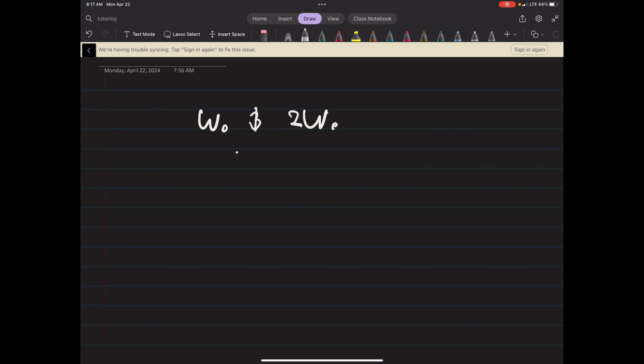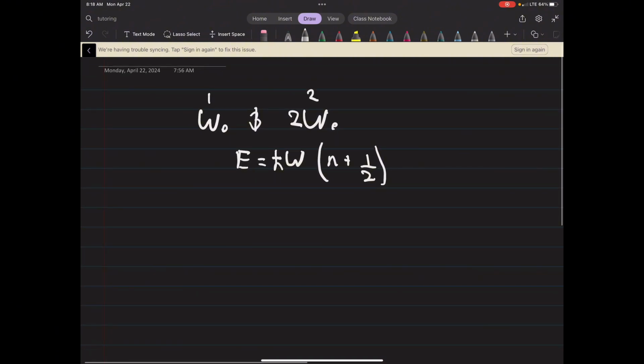So the way that we're going to do this first is just remember that for a harmonic oscillator, the energy level is h bar omega (n plus 1/2). Now, we'll just call this the first one, this the second one.